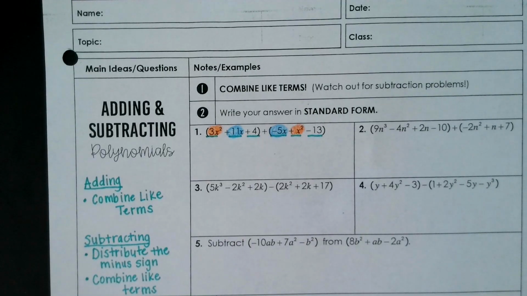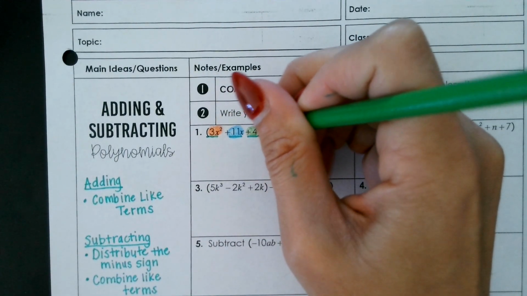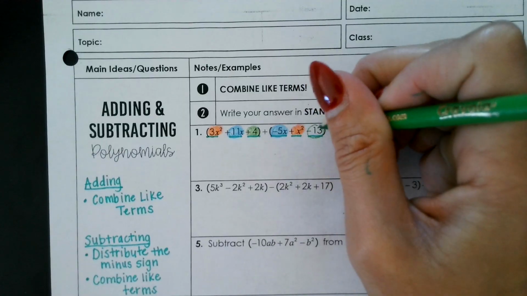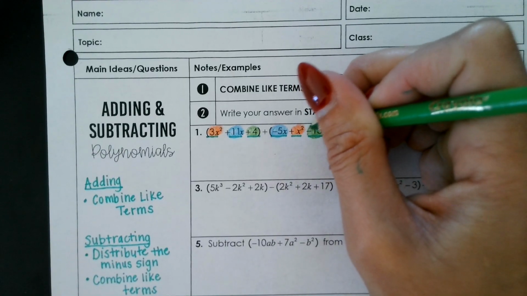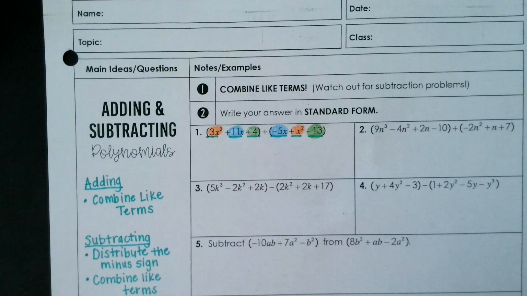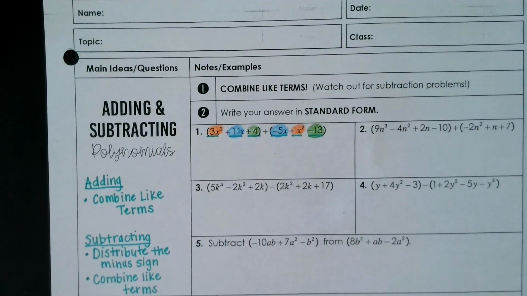And then we have the positive 4 and the negative 13. They're both constants. They technically have an x to the 0 power, which is what makes it fit the definition of a term. So we combined the same colors together.